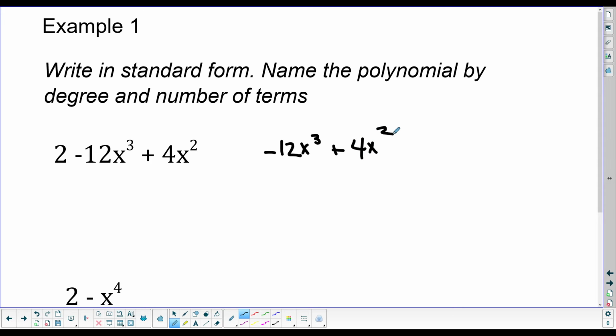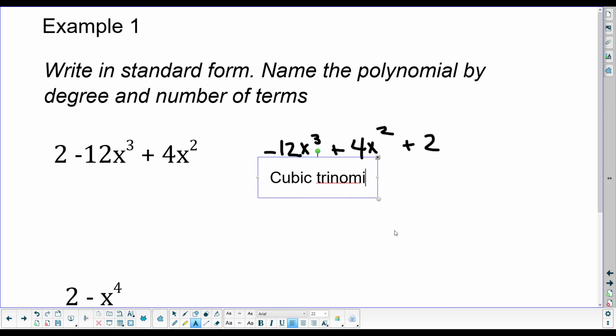And then there's no linear term, so I'd put the constant term last, plus 2. And this would be considered a cubic, and there are 3 terms, so this would be a trinomial. Cubic trinomial.